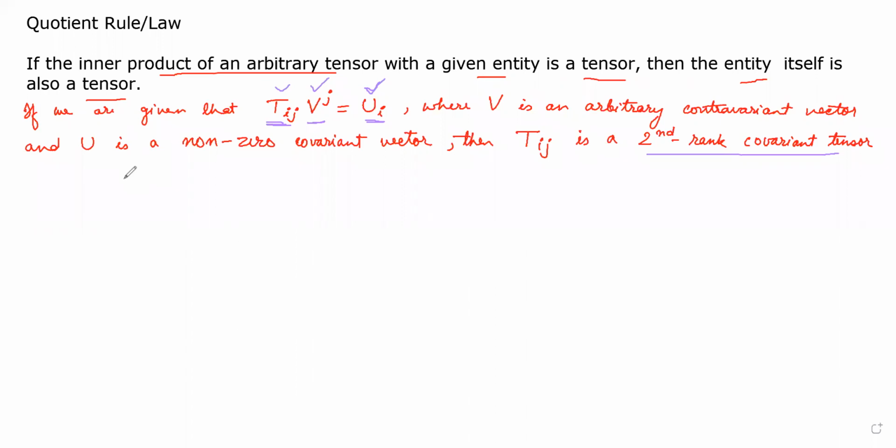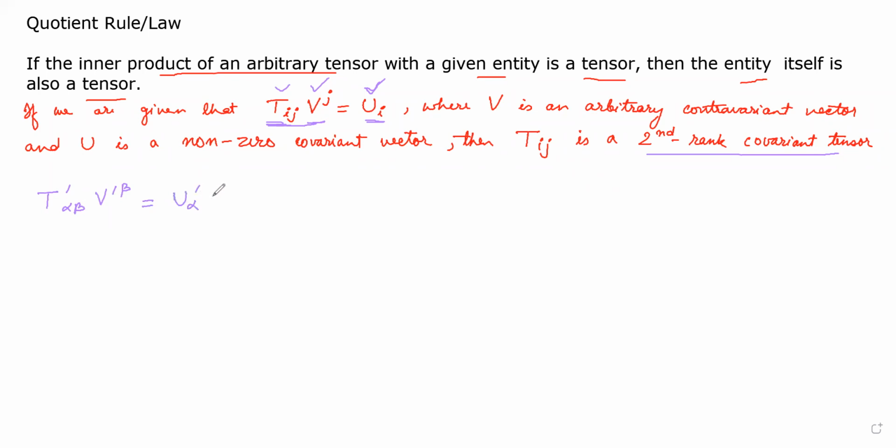So let us start with this product in the prime frame. So T prime alpha beta V prime beta. This is the product in the prime frame, and this is equal to U prime alpha.